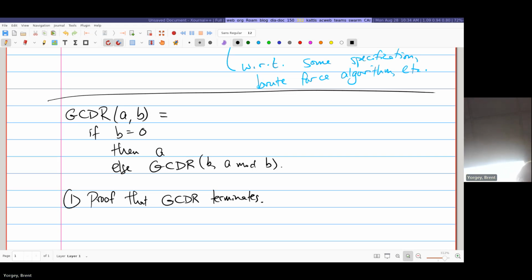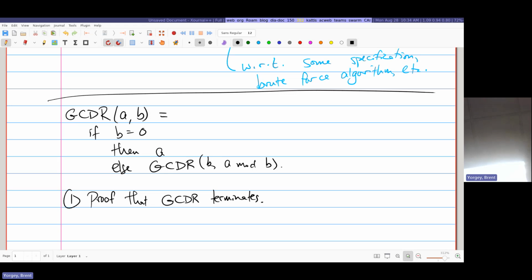Now, we do have to be careful here about what kind of inputs we're allowed to give it. I left it implicit, but to be precise, we have to say what the possible inputs are. Could A be like 2.4? Could it be a string? Clearly not, but we need to say that.